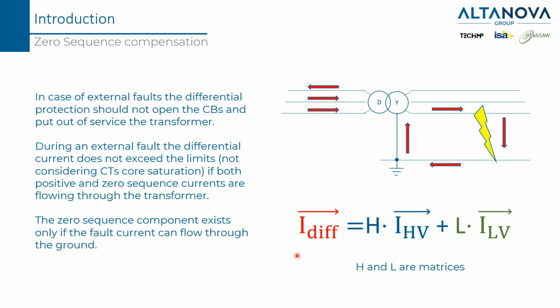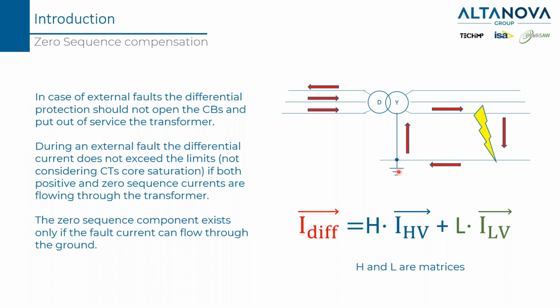But there is the last compensation to be taken into account, and it is the zero sequence compensation. First of all, we have to say that the zero sequence compensation is necessary only when at least one of the sides of the transformer is connected to the ground. For example, if you have a Y side, the neutral can be connected to the ground.